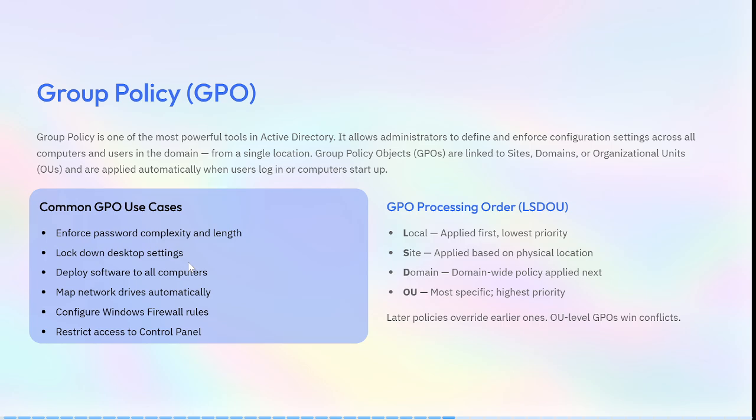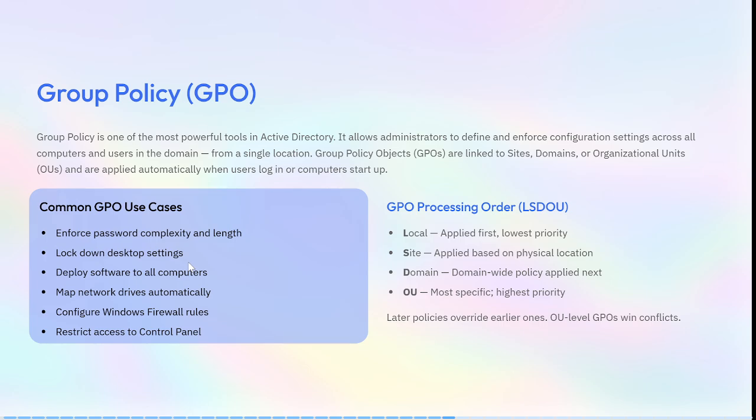It allows administrators to define and enforce configuration settings across all computers and users in the domain from a single location. Group policy objects are linked to sites, domains, or organizational units and are applied automatically when users log in or computers start up.